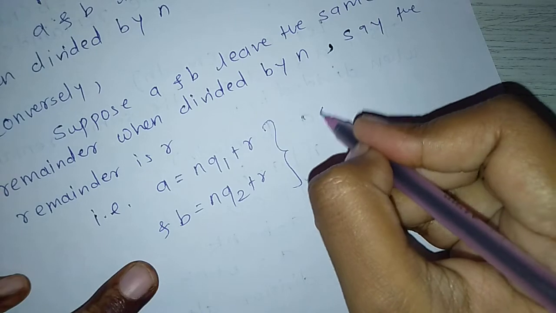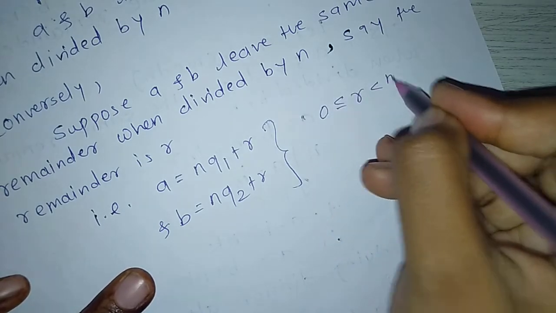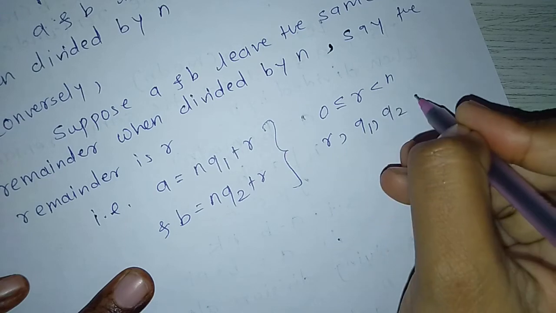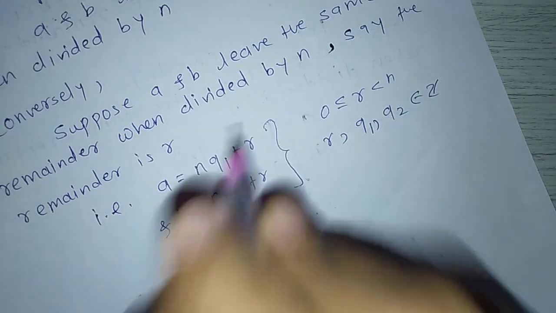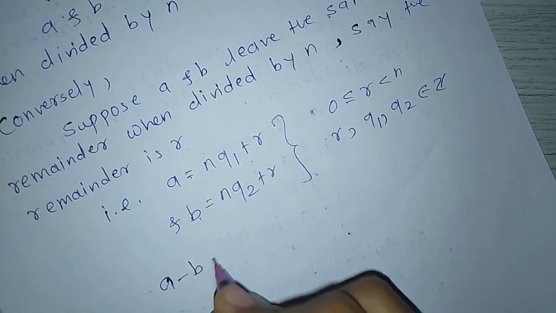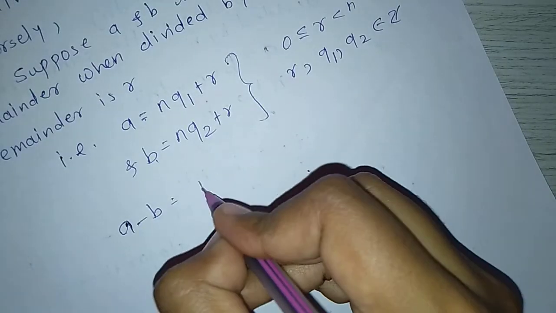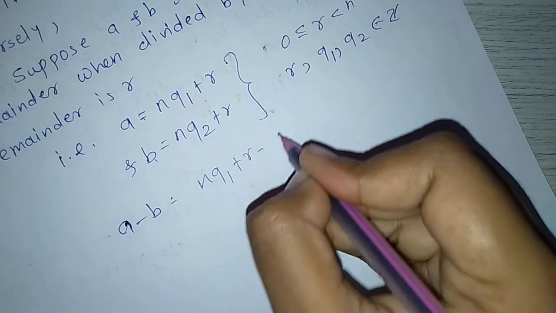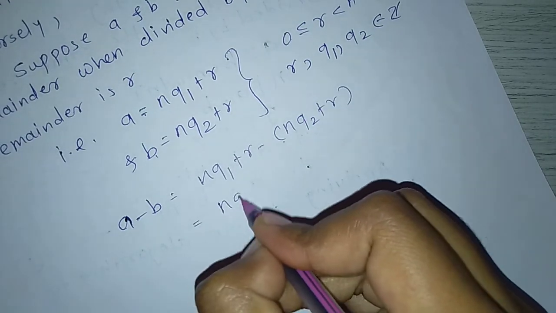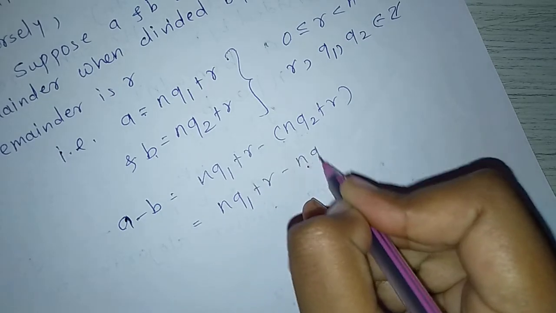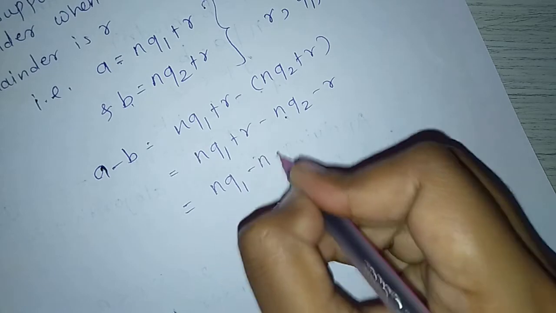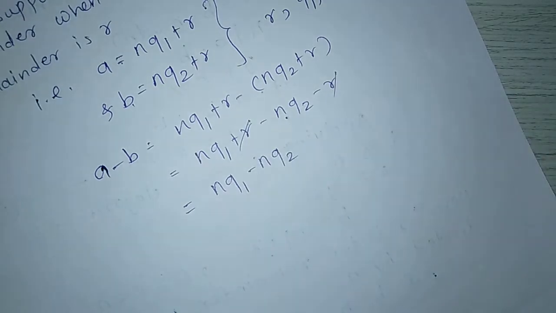Here 0 ≤ r < n, and r, q1, q2 belong to Z. Subtract these two equations, we get a minus b equals nq1 plus r minus nq2 plus r, which is equal to nq1 plus r minus nq2 minus r. The r minus r gets cancelled.